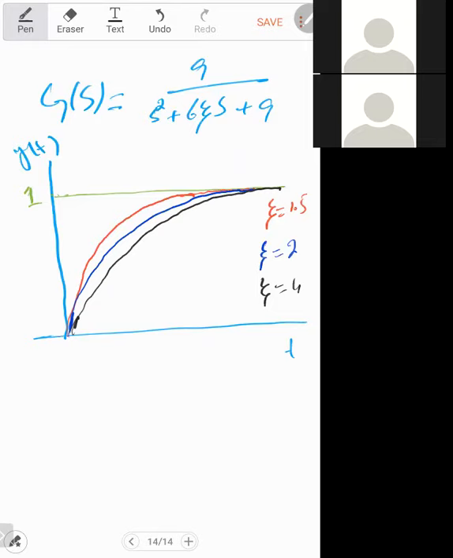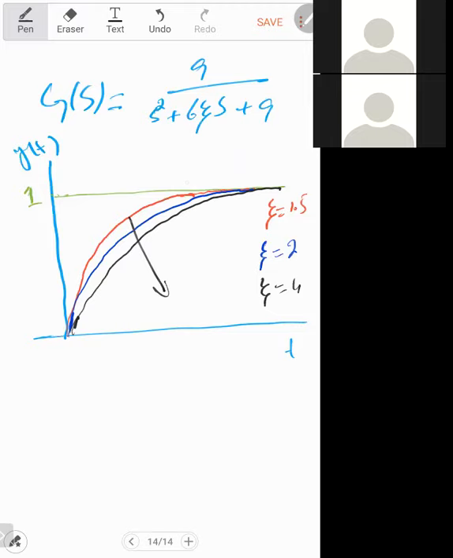When zeta is greater than 1, as you increase zeta, the overdamping will increase, so the response comes toward this side. Overdamping increasing means the rise time will increase. Also, the settling time will increase.